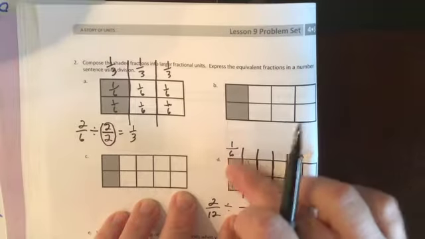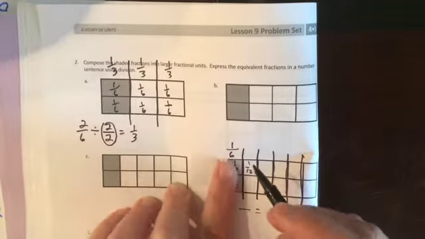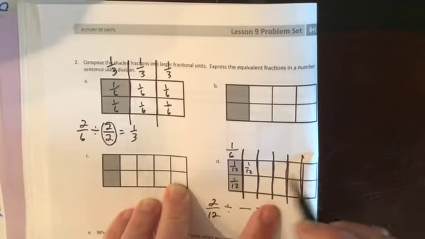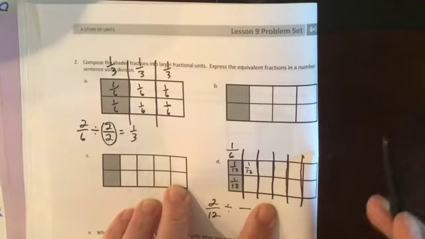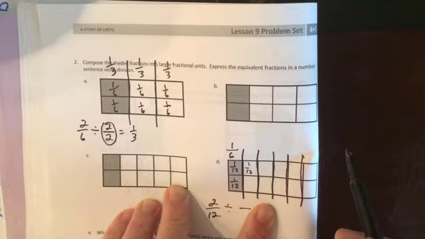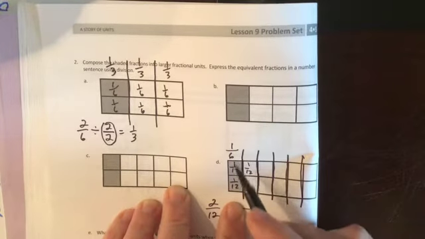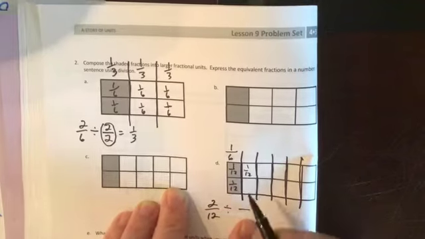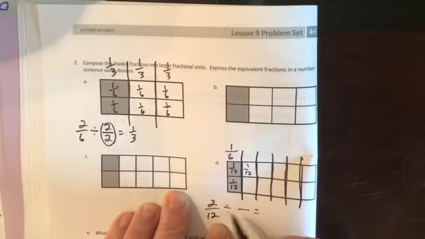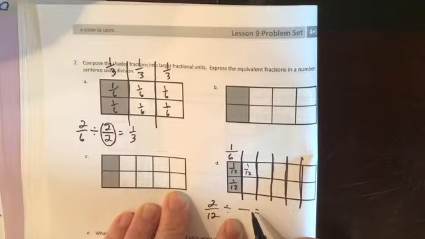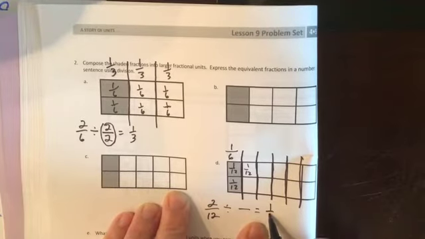So I'm looking at these two shaded areas together, and I'm looking at this column versus all the rest of the columns in the area model, and I can tell that since the columns are all sixths, this is one of those sixths.